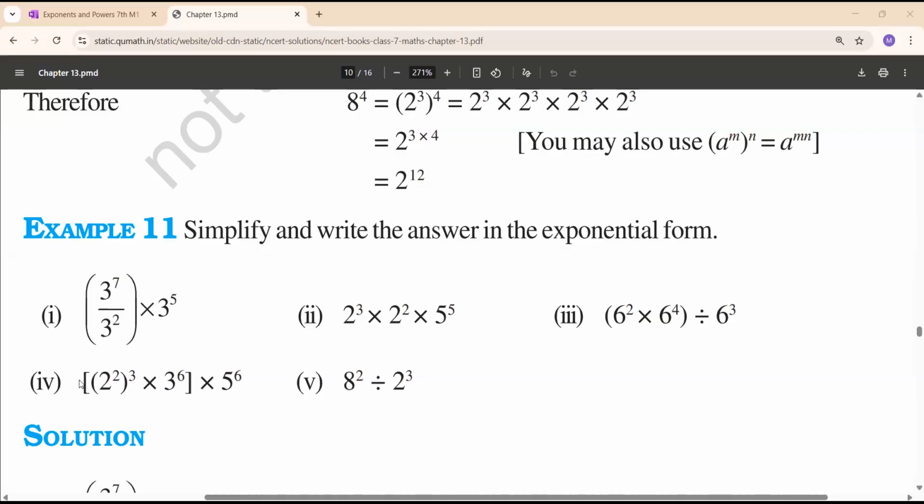Okay, guys, see. 2 raised to the power 3 into 2 raised to the power 2 into 2 raised to... How many parts are you doing, Salman? Sir, only 1 minute, sir.